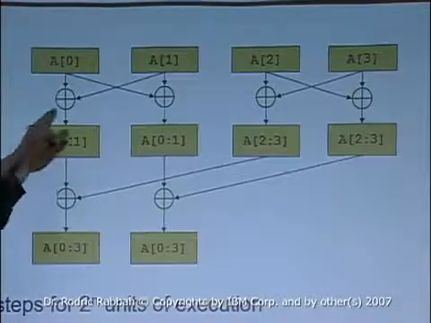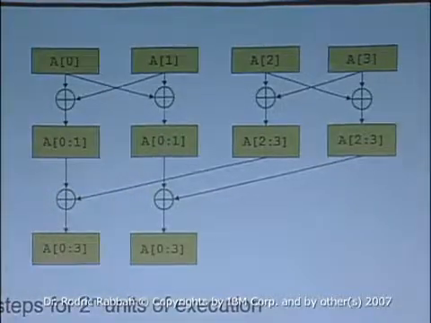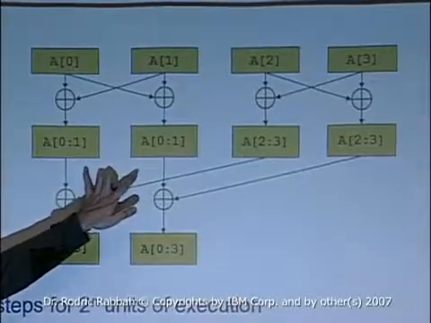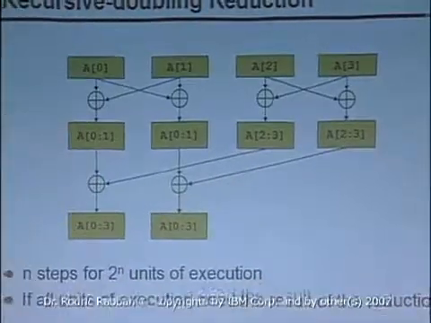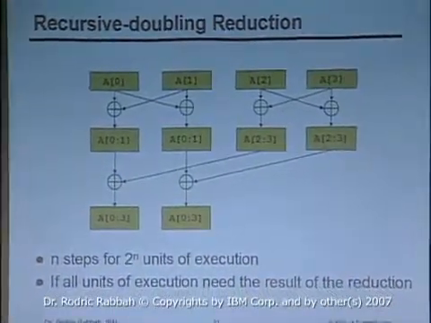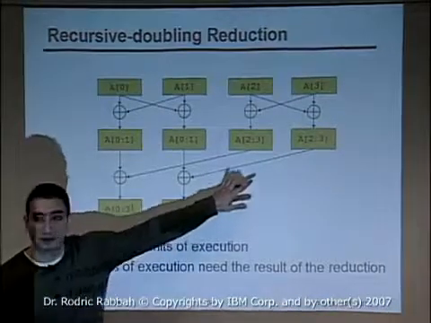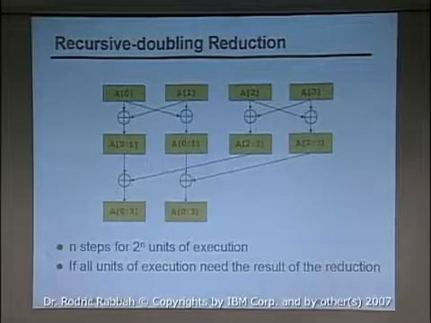From here, we communicate the value to here, and from here, we communicate the value to here. So now these two processors that had the value independently both have a local sum, A0 to A1. Similarly, we can make the symmetric computation on the other side. And now we can communicate data from these two processors here to come up with the end.